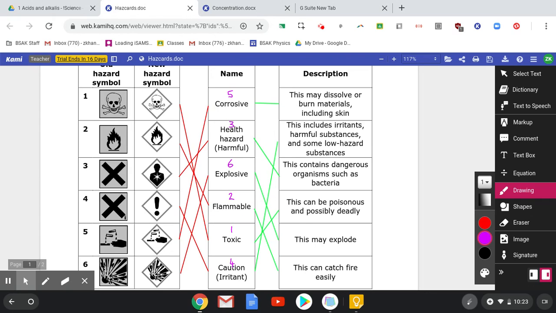Flammable, this can easily catch on fire. Toxic, this can be poisonous and possibly deadly. And a caution or an irritant, it's in the description. This includes irritants, harmful substances, and some low hazard substances.